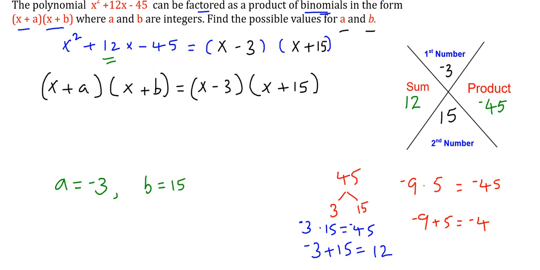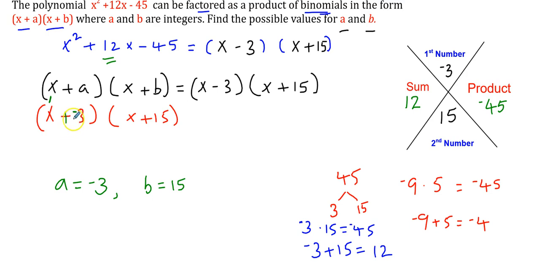Let me explain further. x and x is the same, but instead of plus a here we have minus 3, so I can write it as x plus negative 3.